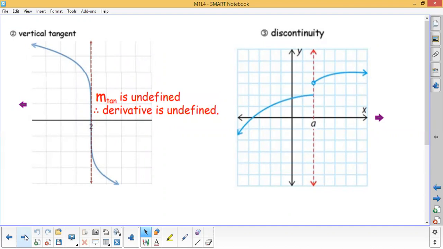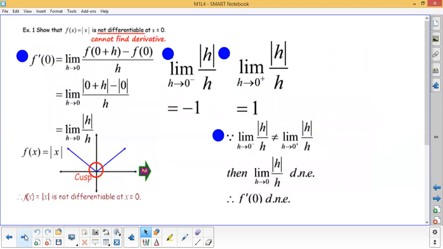The slope m is undefined when we have a vertical tangent, so therefore the derivative is also undefined. And when we have jump discontinuities, remember, some removable discontinuities are okay, but the derivative will fail with a jump discontinuity.